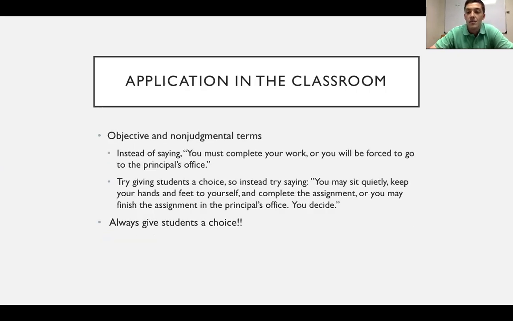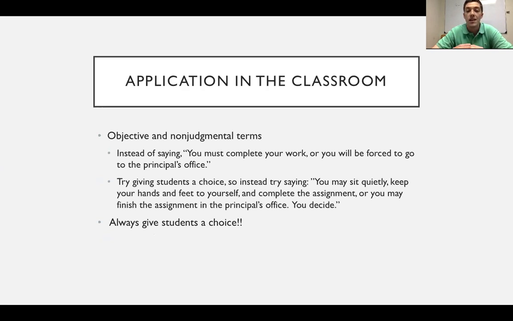So how does this work in the classroom? As we said before, always use objective and non-judgmental terms. So let's say a student's not working and they're off task, and you are just done with it. And so you just say, hey, you must complete your work or you're going to go to the principal's office.